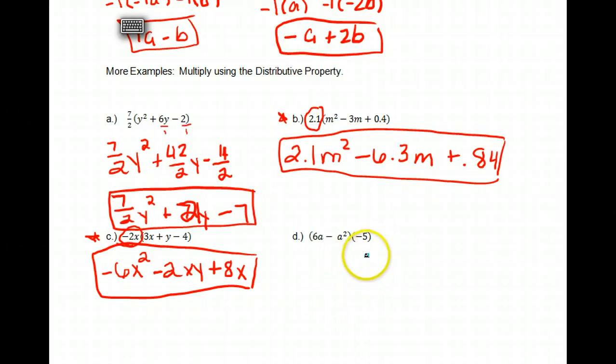Now letter D is the last example that we have here on this lesson plan, and the reason that I saved it for last is because I just want to make you aware that sometimes the coefficient that you will have to multiply through by could be on the right hand side of your quantity. If it is on the right hand side of your quantity, it makes no difference in how you solve the problem.